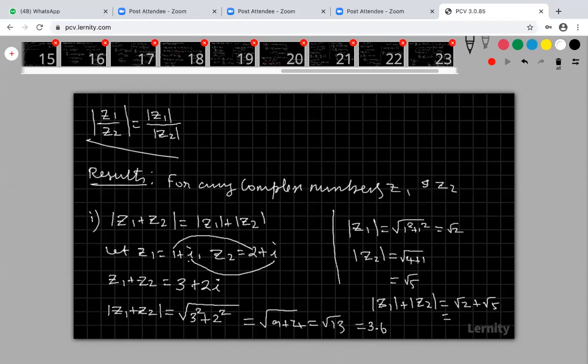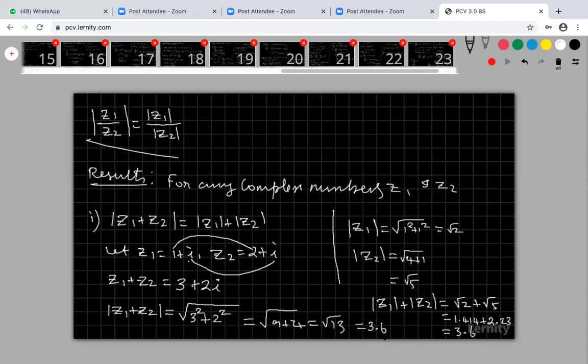My root 2 is 1.414, and my root 5 is 2.23. If you add these two, you will get 3.6. So approximately both are equal.